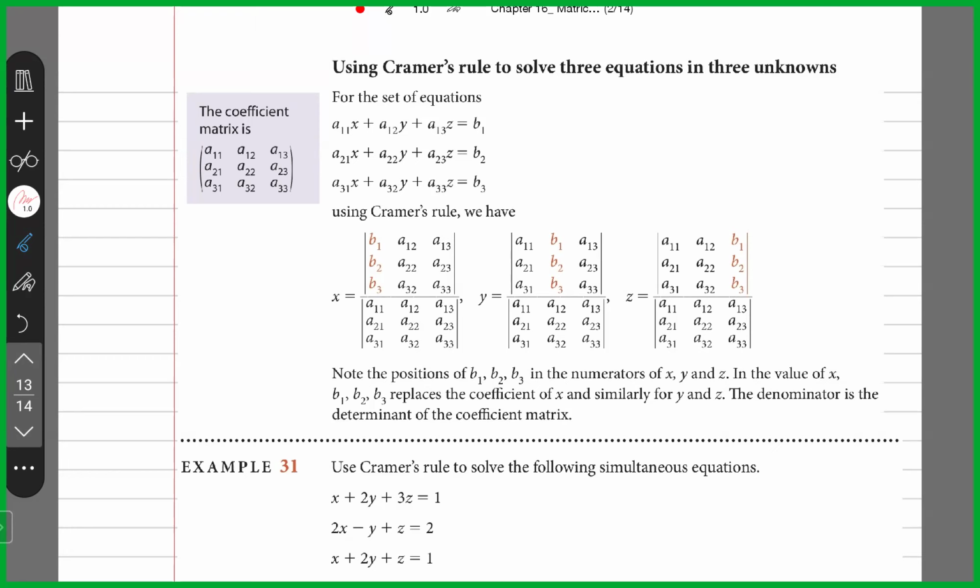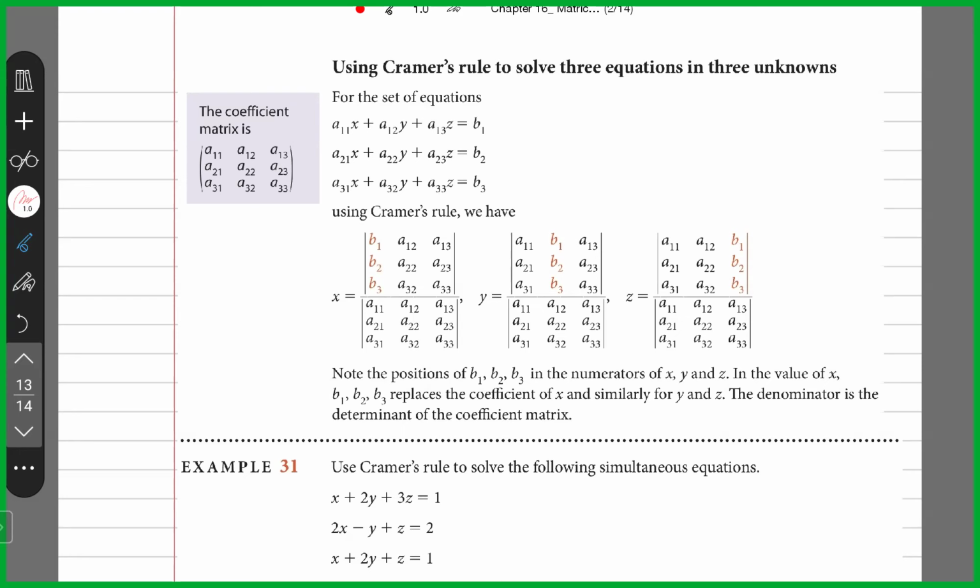All right, and similar to when we did it for two equations in two unknowns, it's the determinant of the coefficient matrix, replacing the coefficients of x with b1, b2, b3, dividing by the determinant of the coefficient matrix.